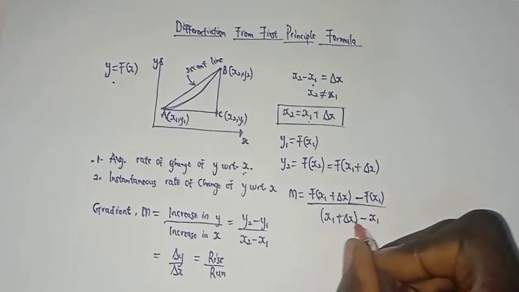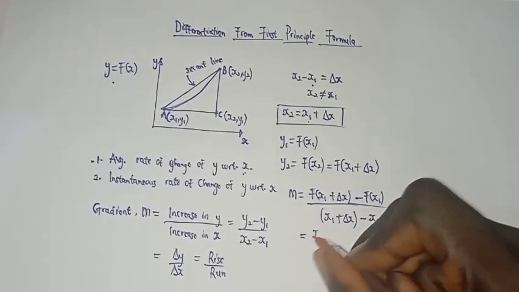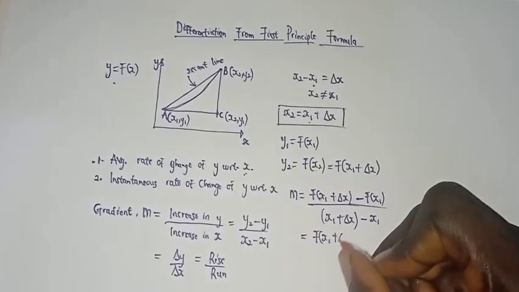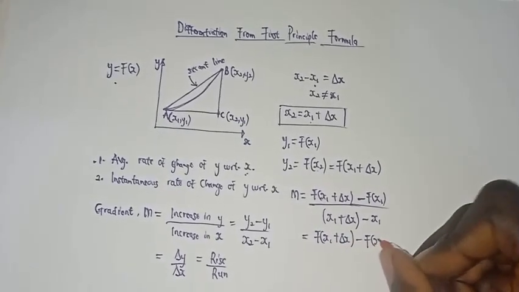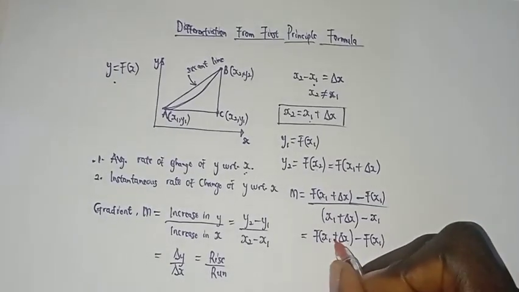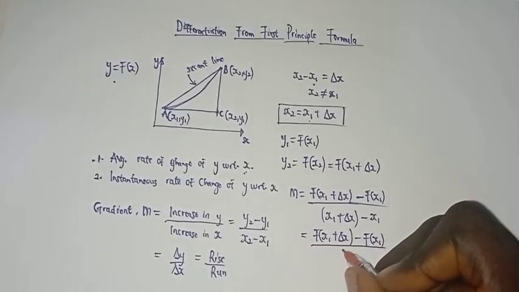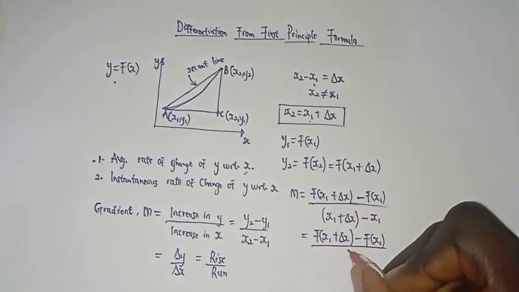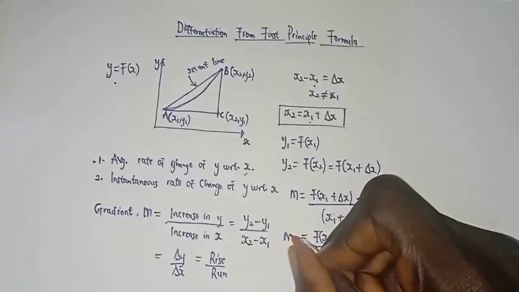If we open up the bracket in the denominator, x1 cancels x1, so we have delta x. So m equals f of x1 plus delta x minus f of x1, all over delta x.